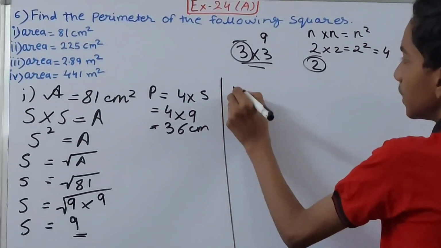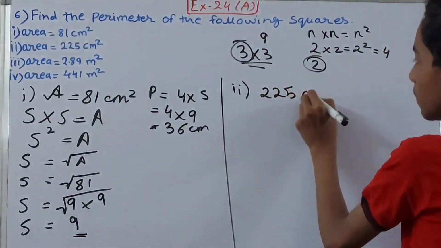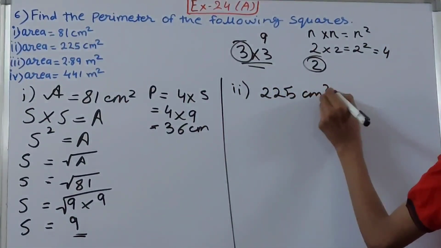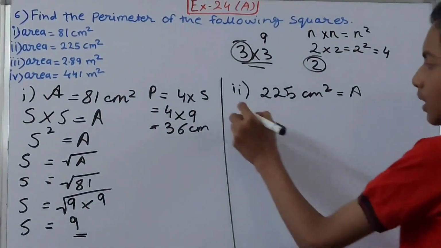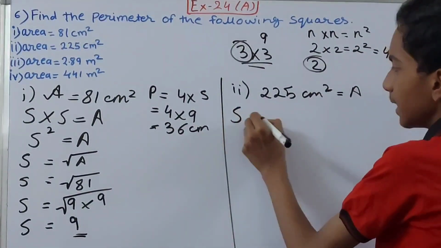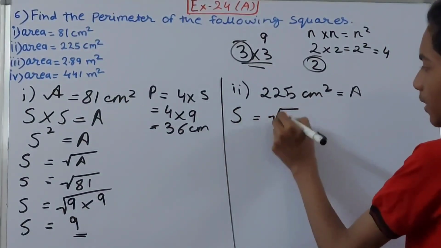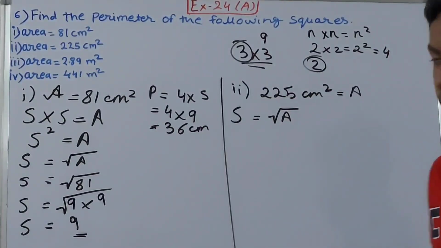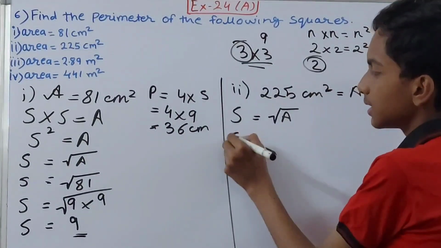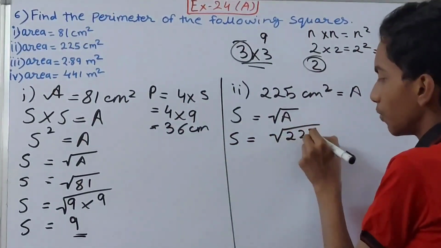Now we move on to the second case. Here we have 225 square centimeters as the area. Again same thing. For finding the side, S, I'm writing it with the capital S, side equals again under root A. The area is 225 square centimeters, so side equals under root of 225.